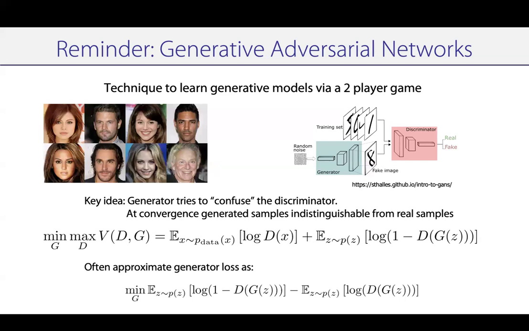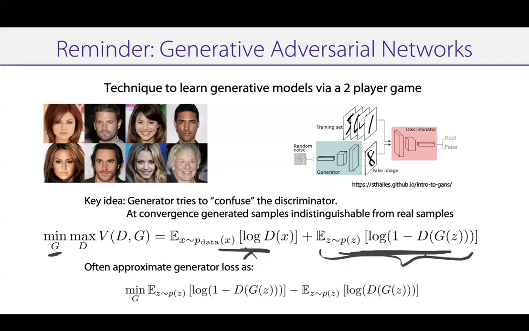One other thing to note is that if you look at the discriminator and the generator objective, the generator objective only optimizes this term. This thing doesn't depend on the generator, right? But this thing is often hard to optimize, like you have saturating gradients.